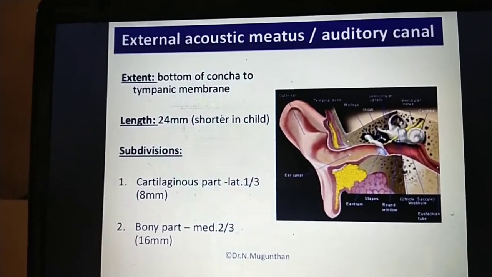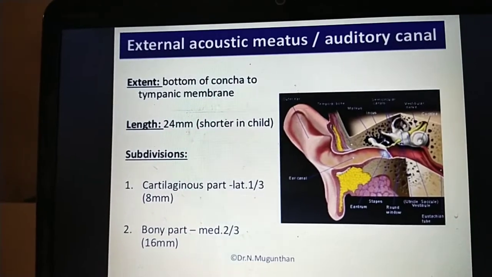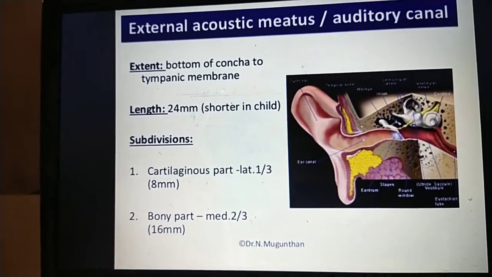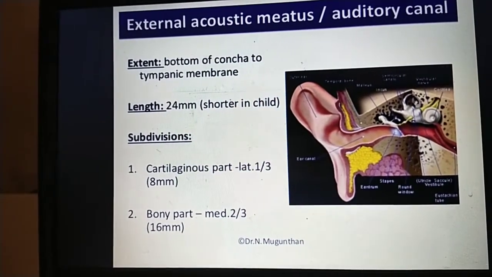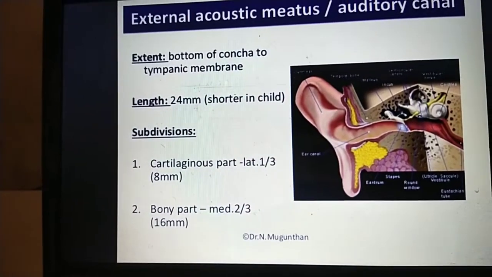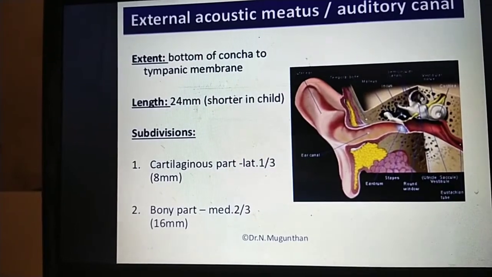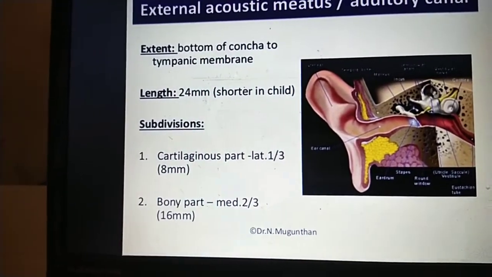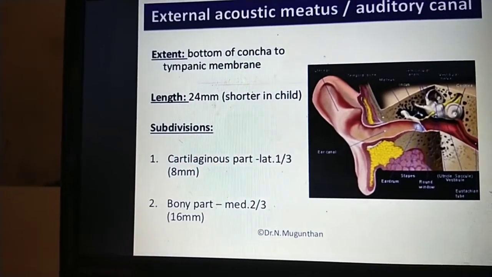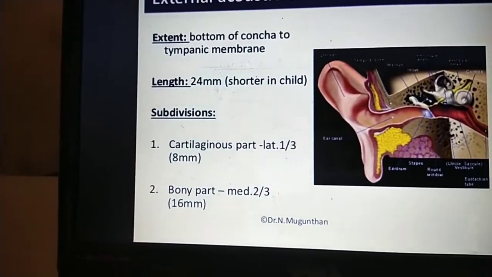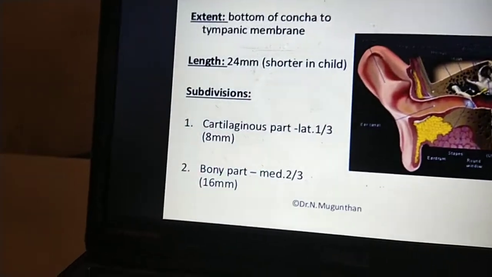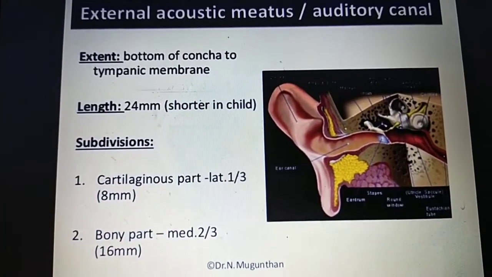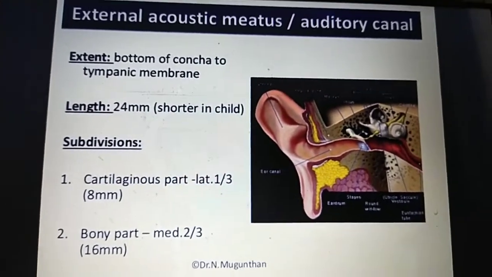Its length is 24 mm, and it is shorter in children. It is subdivided into a cartilaginous part, one third, and a bony part, two thirds. The average length of the cartilaginous part is 8 mm and of the bony part is 16 mm.